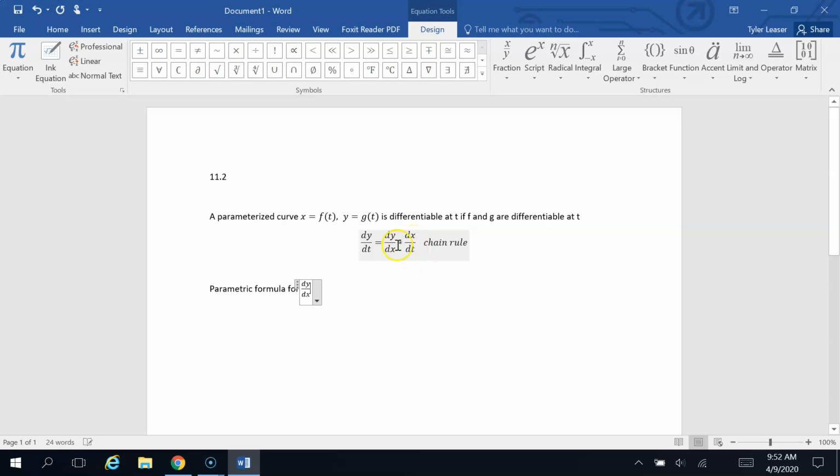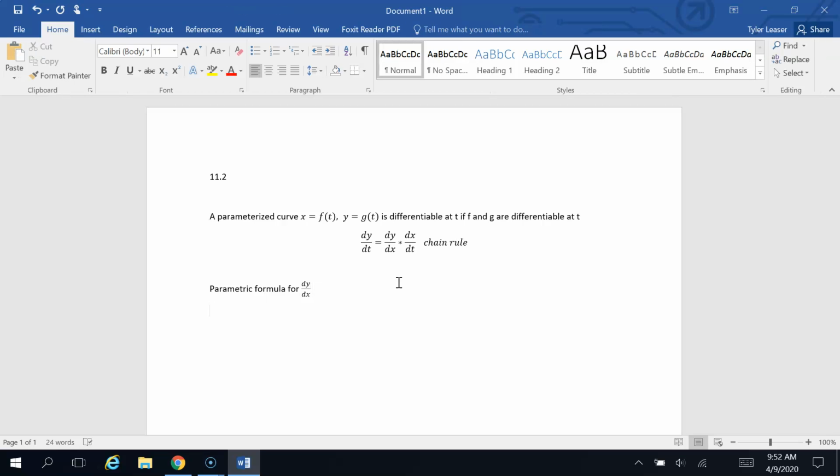But almost always we want the derivative dy/dx. That's going to be the tangent. You can think of it like the slope, the change in the particle as it's moving through space, rise over run. So we're going to take this formula and solve it for dy/dx, since that is how we use calculus more often than not.